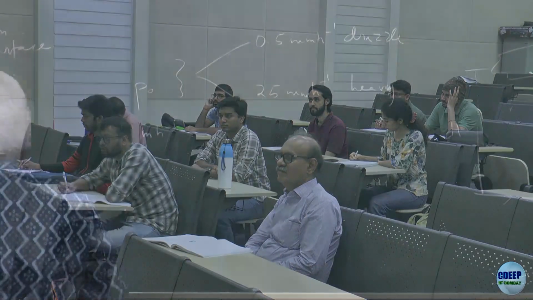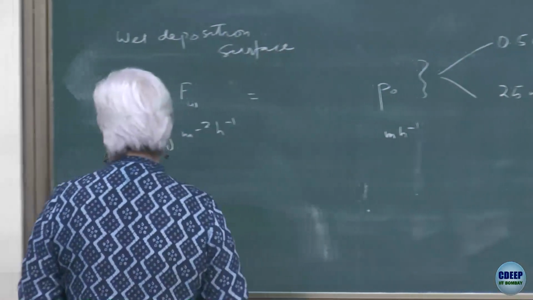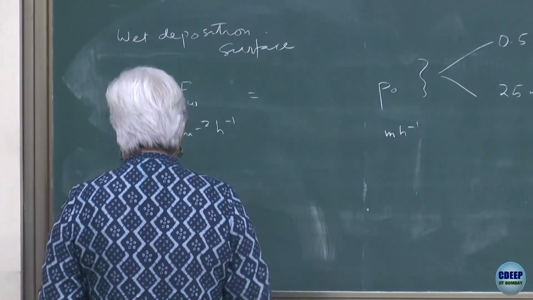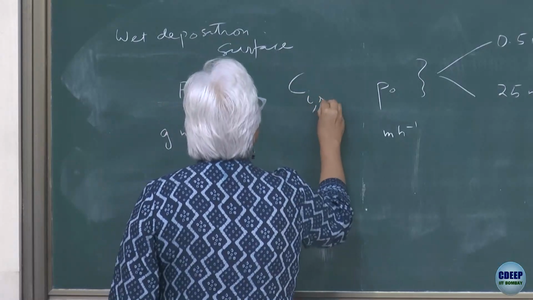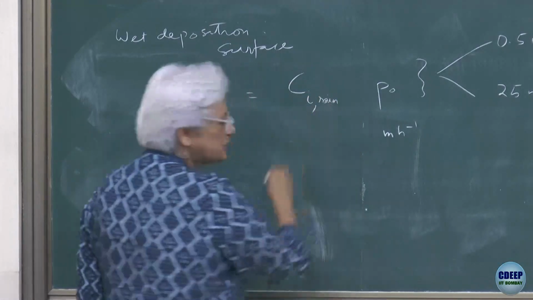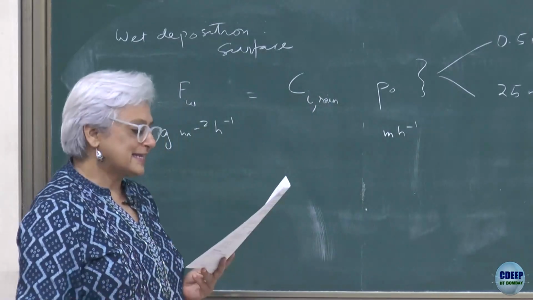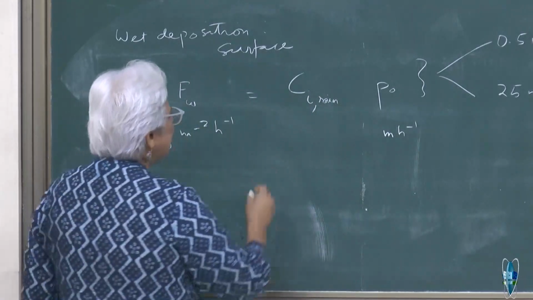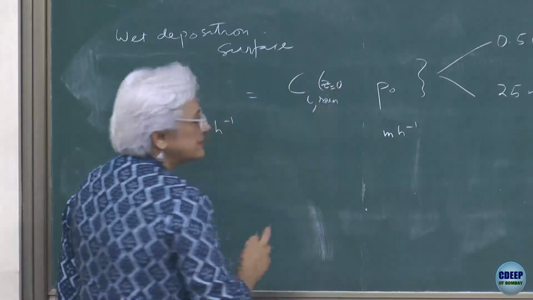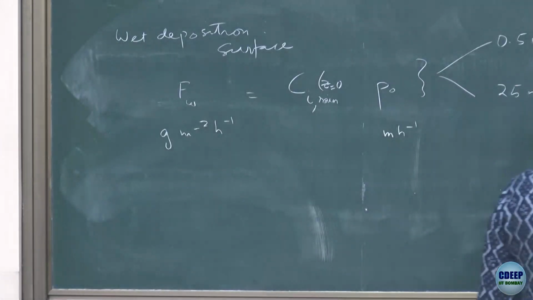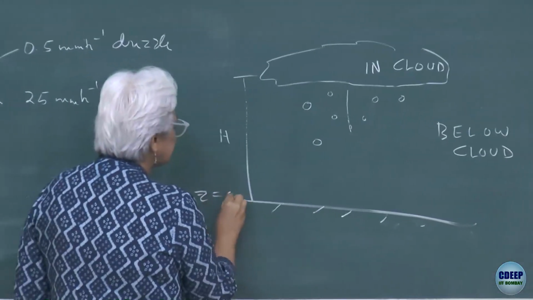Right, so you want to now say this is a surface phenomenon. I've moved this to the surface, and now I'm going to talk about the concentration in the rainwater, at the surface. So the rain has done this whole business and has come to z equal to 0.